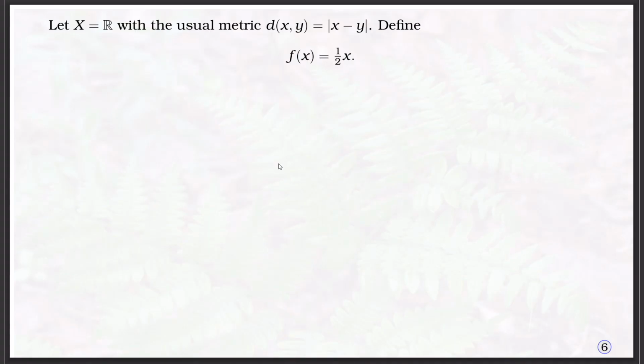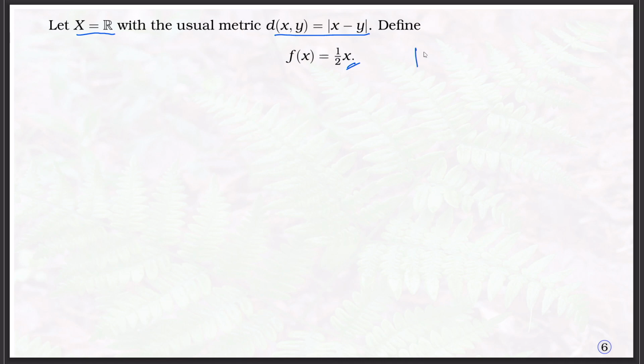Let us discuss an example for this theorem. Now, we take X as R, the real number system, and consider the usual metric, the distance between two elements in the real number system defined as the modulus of x minus y, and define the mapping f of x equal to 1 by 2 x. One can verify that this is a contraction mapping on the real number system.